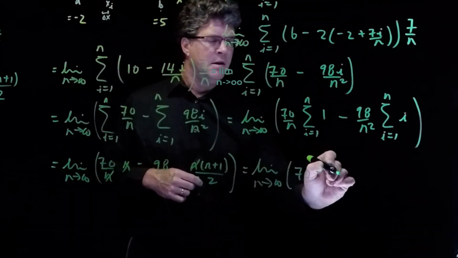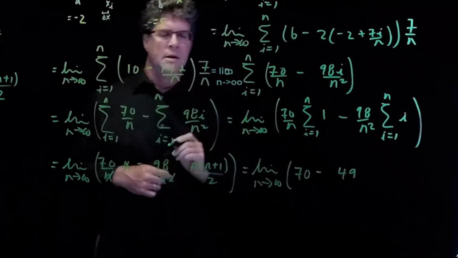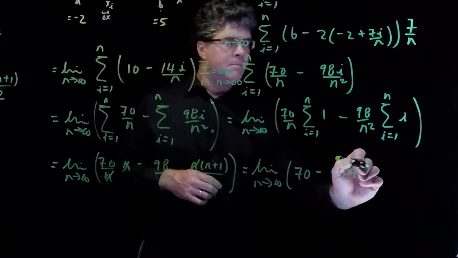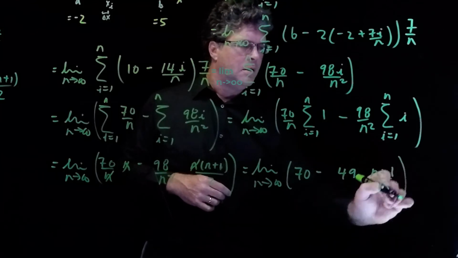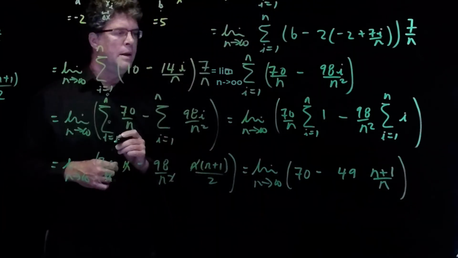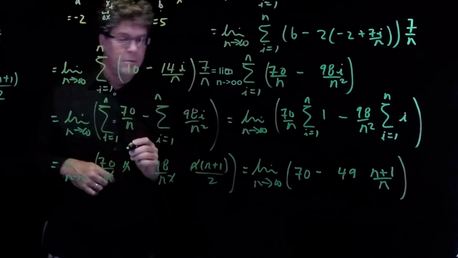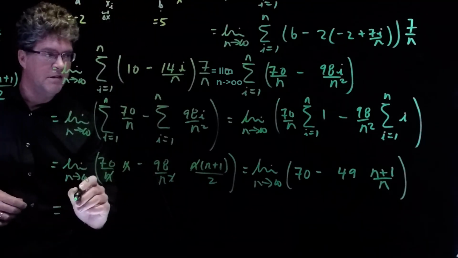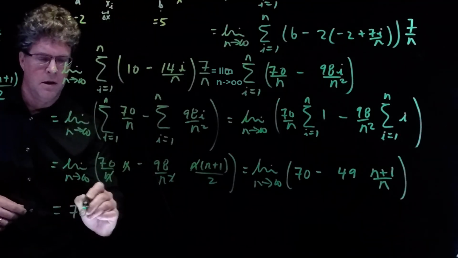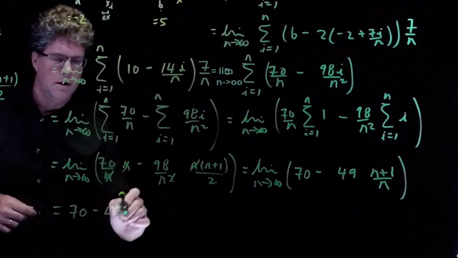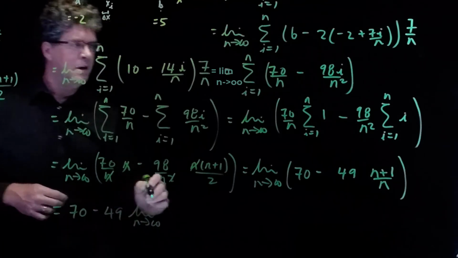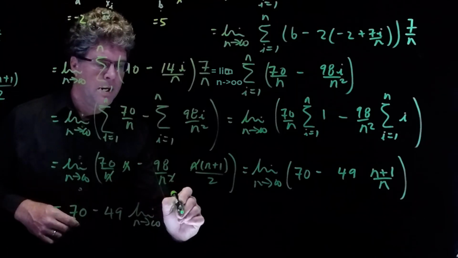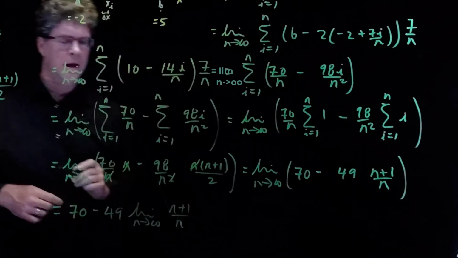We can rewrite this as the limit as n goes to infinity of 70 minus 49 times n plus 1 over n. We can then take the limit inside, and that's 70 minus 49 times the limit as n goes to infinity of n plus 1 over n.